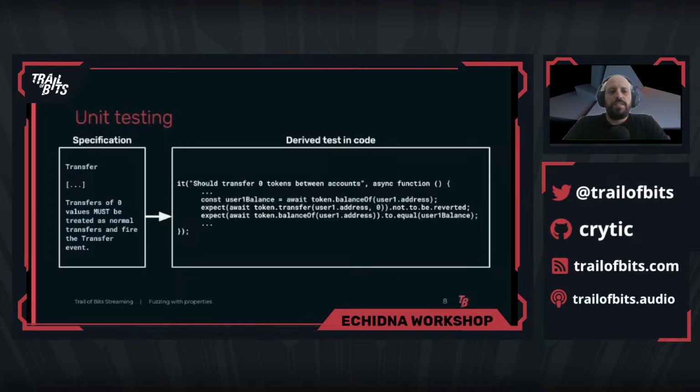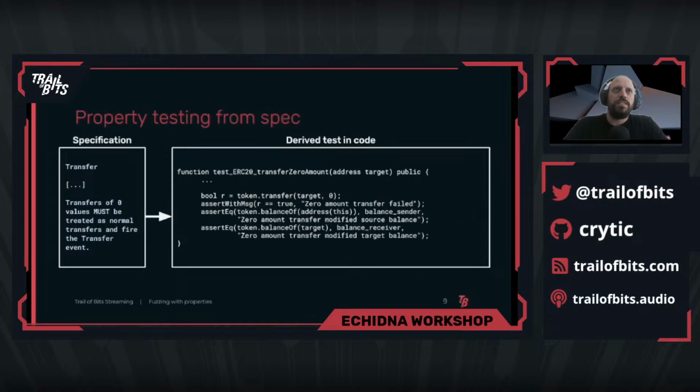The next step is to test with fuzzing tests or property testing from a specification. In this case, we don't just test with one single instance of, for example, the recipient. In the previous case, we only tested with user one. In this case, we create a function that can be parameterized, and you can choose which address will be the recipient of the tokens.